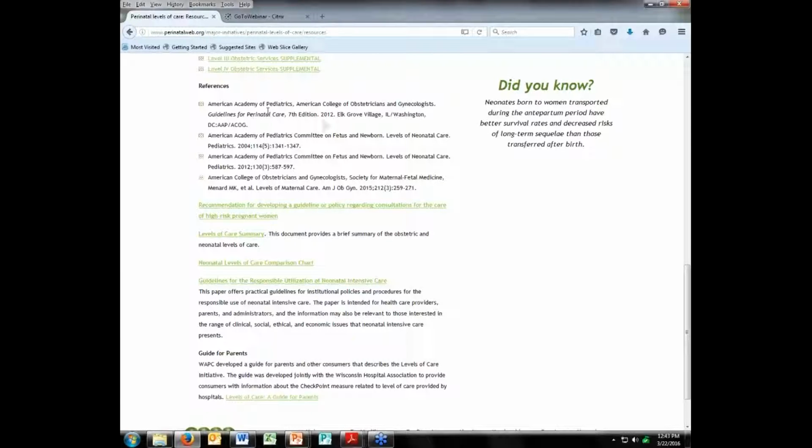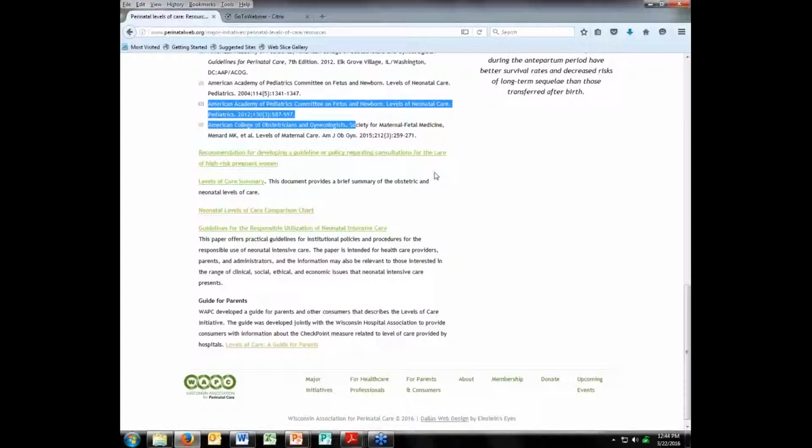And those are all there, and they're worth looking at, especially these 2. The 2004 one is good from a historical perspective, but for the most recent stuff, you want to turn to the 2012 copy of it. The recommendations for developing a guideline or policy regarding consultations for the care of high-risk pregnant women.